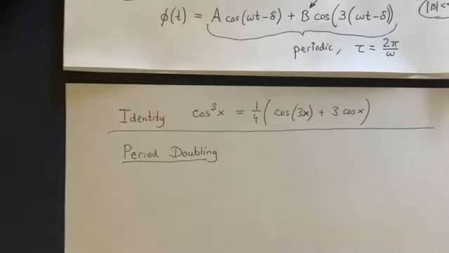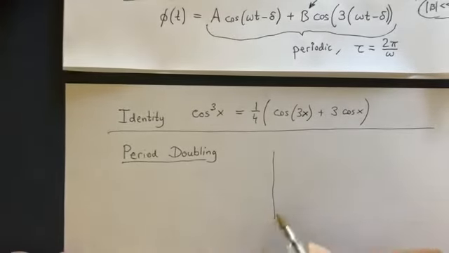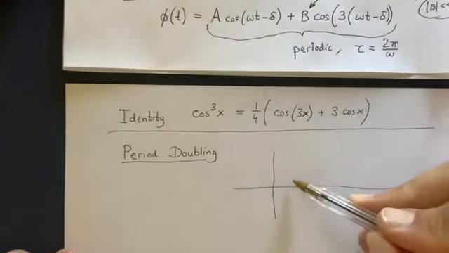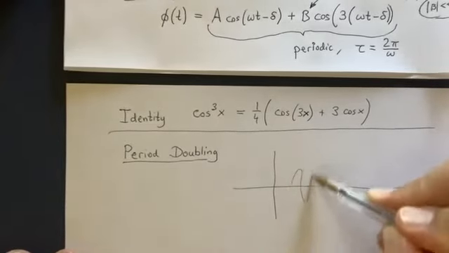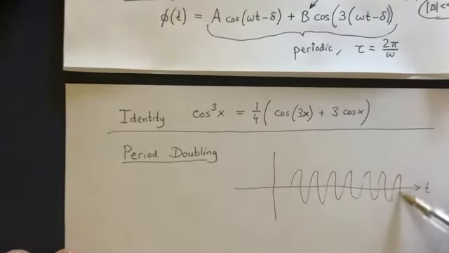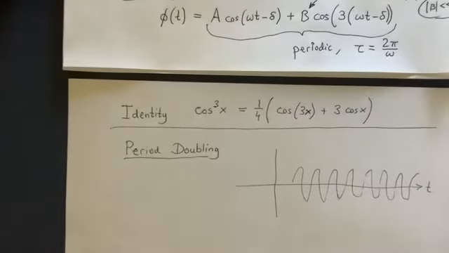Okay, so how can we visualize this period doubling? How can we visualize the threshold? Okay, so here's the picture. Okay, so as a function of time, suppose you have a periodic signal. It looks like this. Okay, so that's an impressionistic sketch.